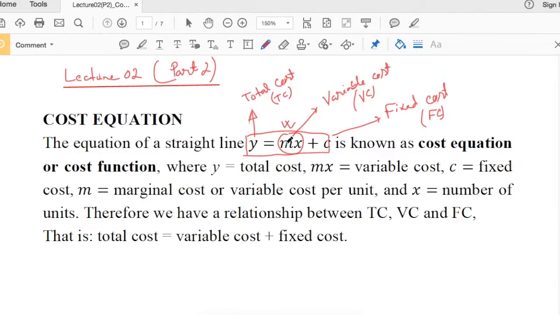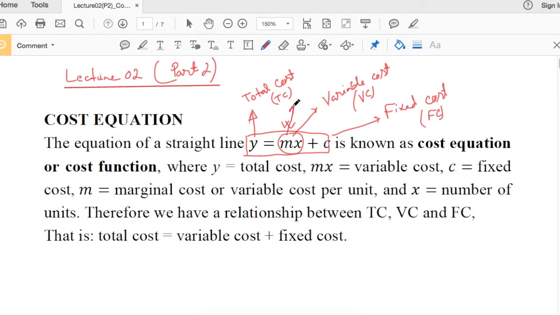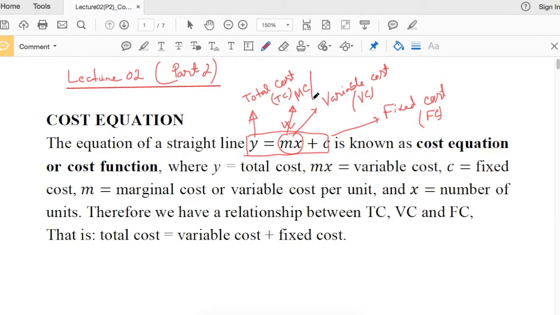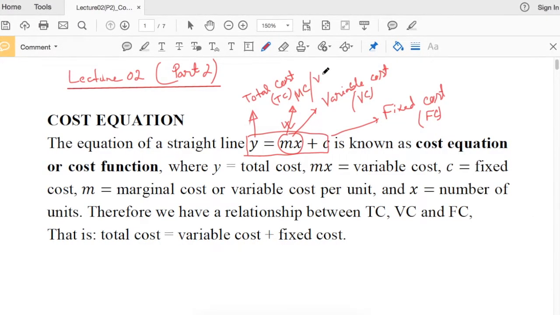However, in here M also indicates marginal cost or variable cost per unit. Marginal cost or variable cost per unit.